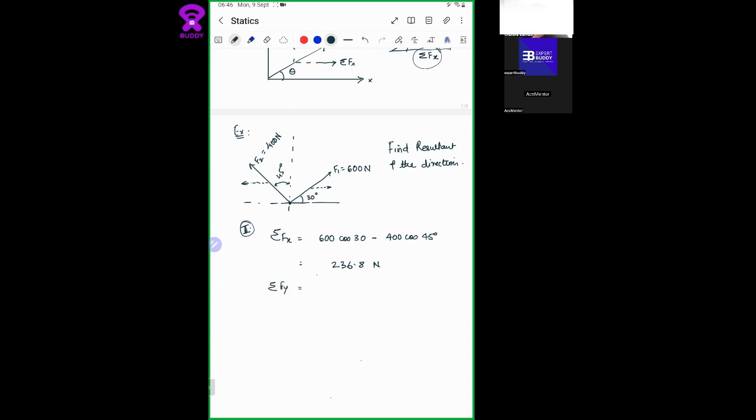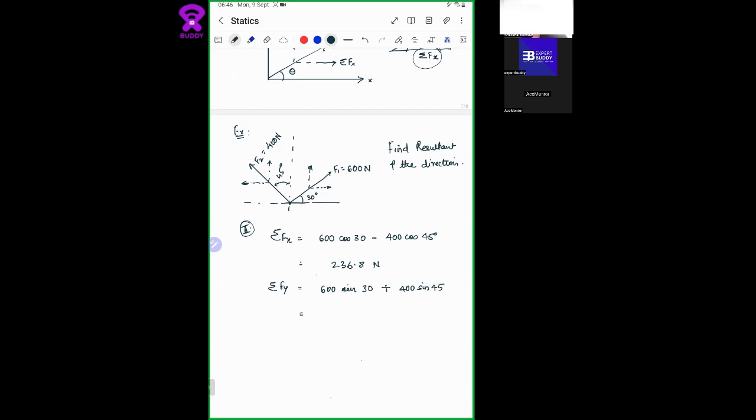Okay. And the same way for Fy, it will be this direction and addition of this direction. Nothing but 600 sine of 30 plus 400 sine of 45.